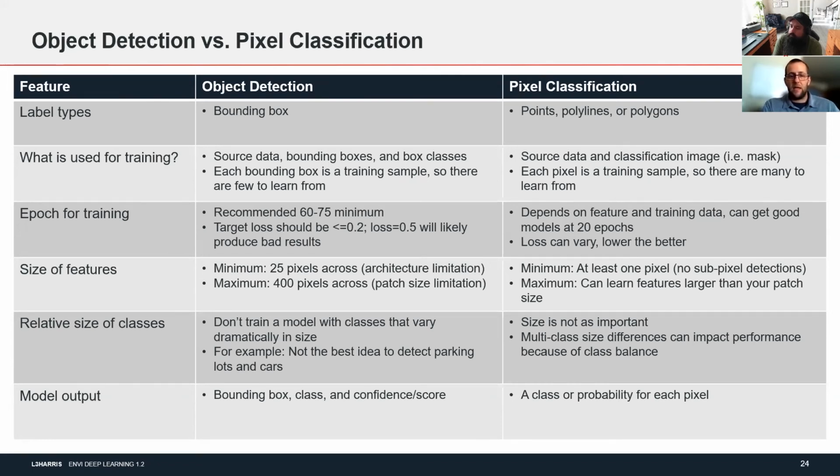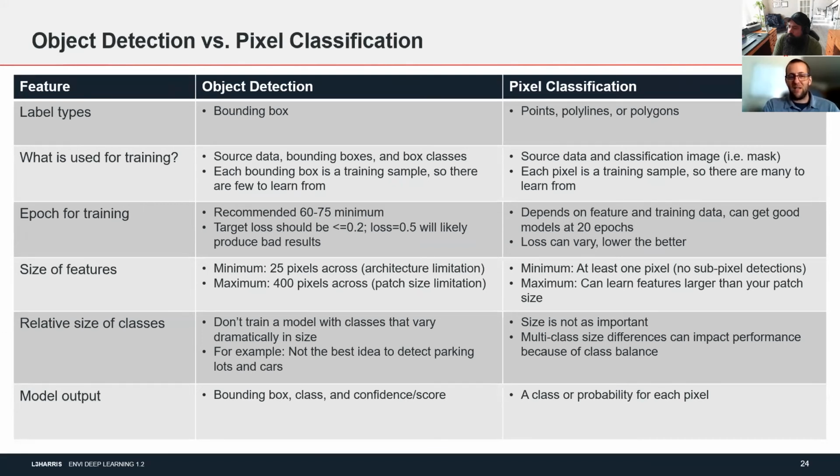And one of the things that I think about, this is a personal observation, is that when you're using pixel classification, a fundamental difference between that and object detection is that every single pixel is a training sample. So if you have an image that's, say, 1,000 by 1,000, that's 1,000,000 pixels that deep learning can learn from.